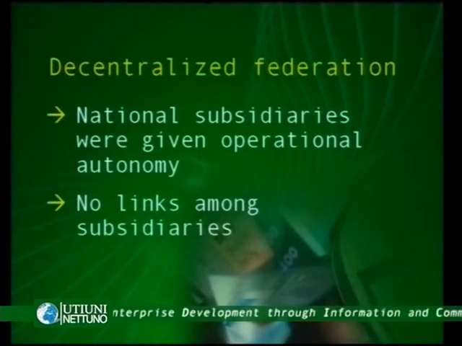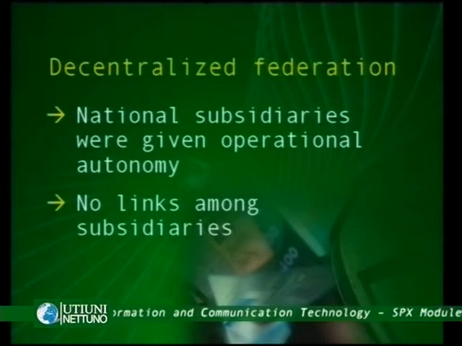So let's start from what we called the decentralized federation. In the decentralized federation, national subsidiaries were given operational autonomy. I mean that the subsidiaries that were located in different countries were pretty free to organize their activities in the country where they were located.